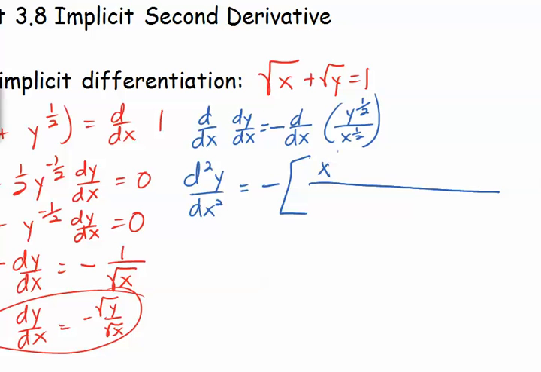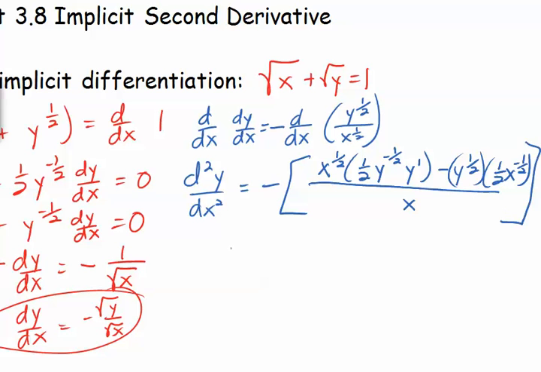So our low function times the derivative of the high function, 1/2 y to the negative 1/2 with a dy dx, or a y prime if you prefer, minus our high function times the derivative of the low function, 1/2 x to the negative 1/2, all over the low function squared.